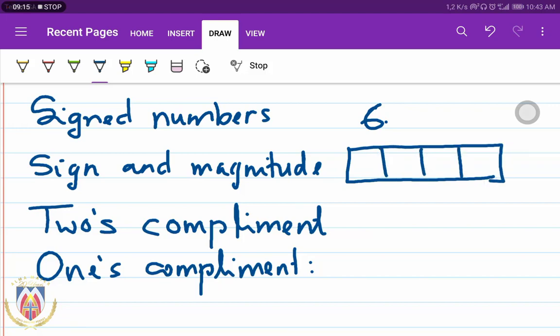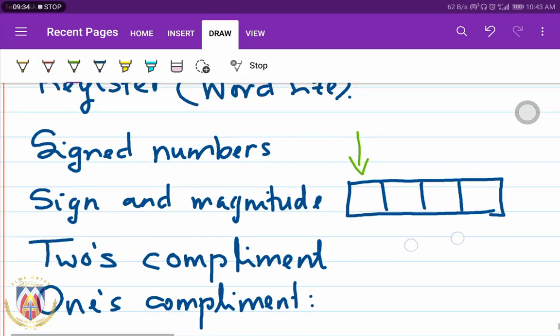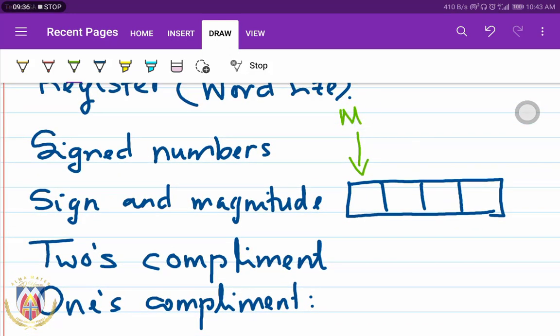In other words, the word size is 4 for this register that I've just drawn. The most significant bit, the MSB, is the leftmost bit.